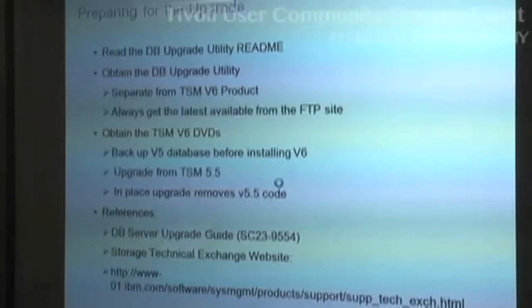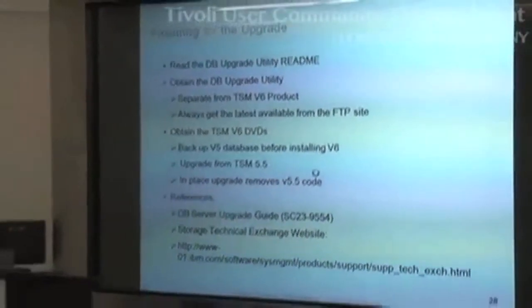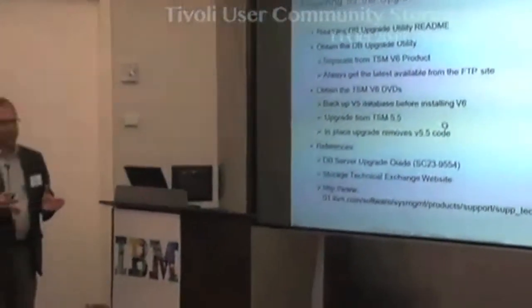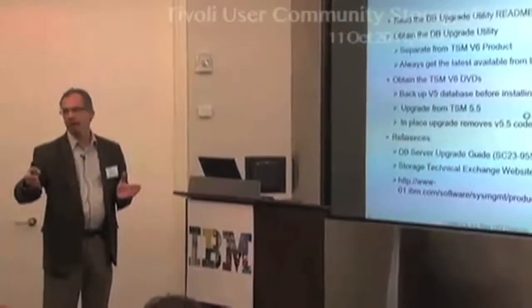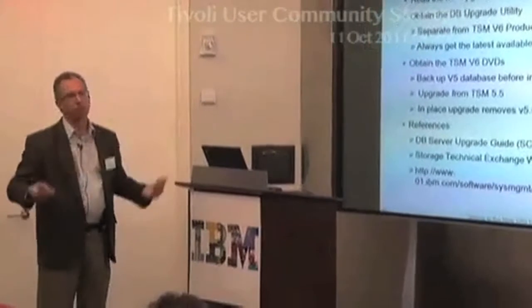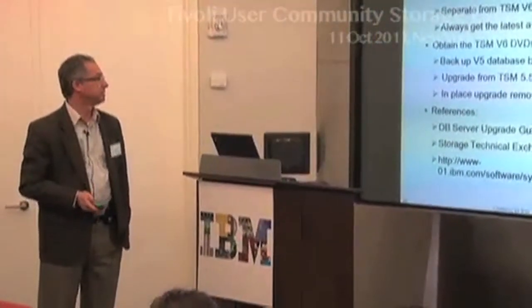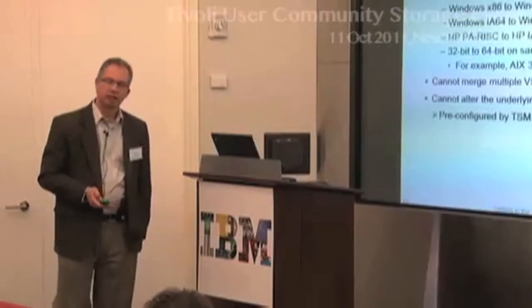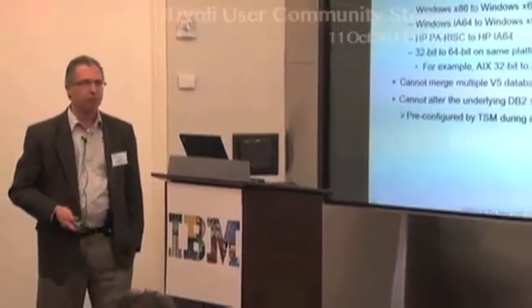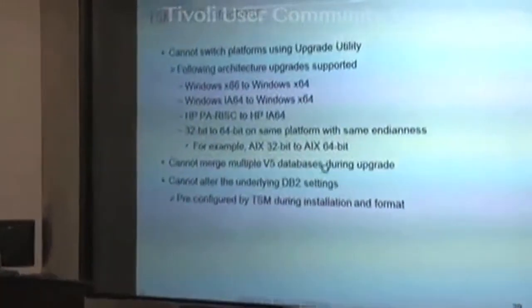We've had customers put in a new version 6, do an upgrade, test it out, run version 5, and then sync the two with the export-import process between the two systems. So there are restrictions, right? You can't merge. I've got a lot of customers that have 3, 4, 5 instances of TSM version 5. There's no way to upgrade that.